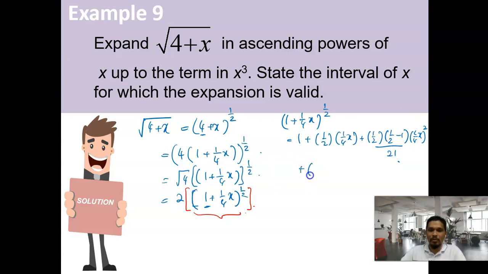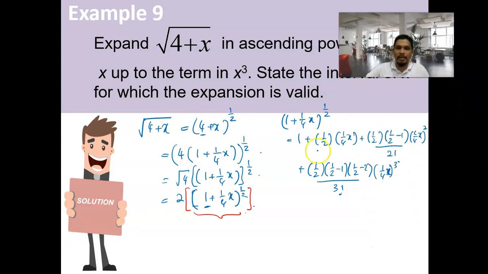And plus with 1 over 2, 1 over 2 minus 1, 1 over 2 minus 2 divided by 3 factorial, multiplied with 1 over 4x cubed. Okay, let's simplify this.